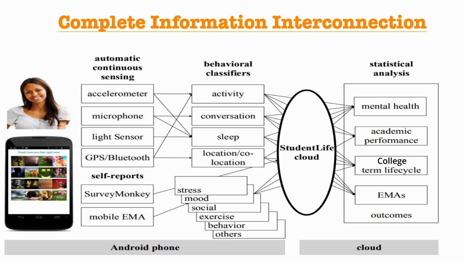In a similar manner, these responses can also be classified according to stress, mood, etc. Once we collect all these data, we store it in Student Life Cloud and perform the statistical analysis. The various types of analysis are mental health, academic performance, college life cycle, and EMA.